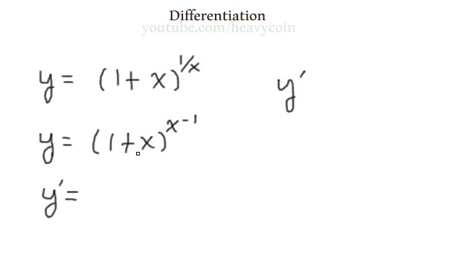So treat this like it's a number. So we're going to take the derivative of x to the negative 1, okay, and that is, we're going to take the negative 1, bring it out front, right, and subtracting 1 from this, so this becomes x raised to the negative 2, and then we just rewrite everything, 1 plus x, and x to the negative 1.